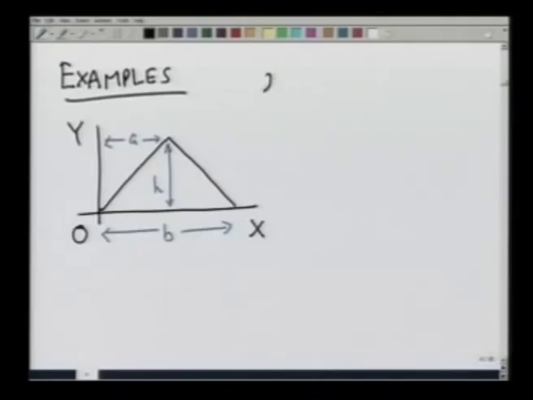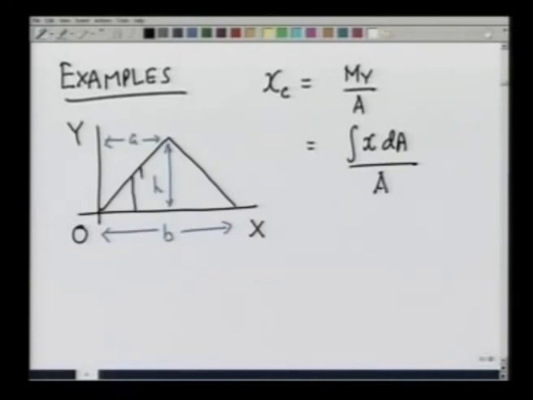Let us first calculate xc, which is related to My divided by the total area, which is equal to the integral of x dA over the total area. To calculate x dA, or the moment about the y axis, let me take a small area dA like this parallel to the y axis.